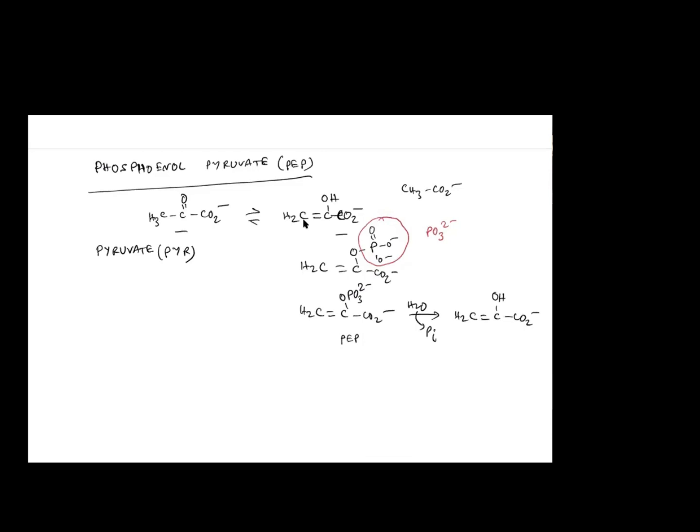And then this will tautomerize to go to the keto form. And here the delta G is actually negative 62 kilojoule per mole, so much higher.